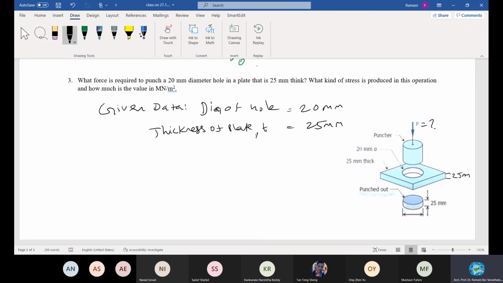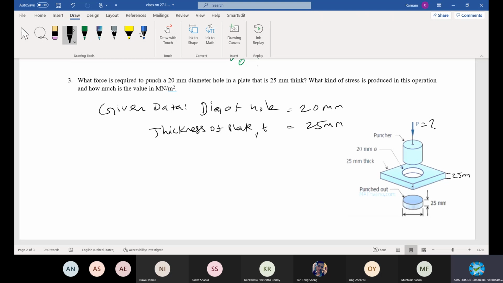We understand that this is a shearing stress because it is happening along the surface. There is no reduction or extension in size on the plate. Rather, the material is sheared out. Hence, we need to concentrate on this circumferential area, not the surface area on top.